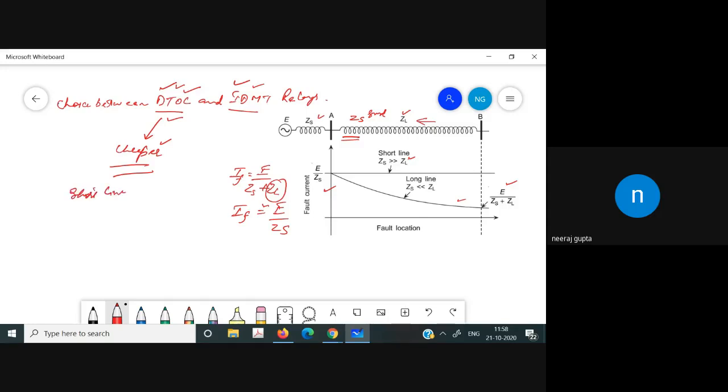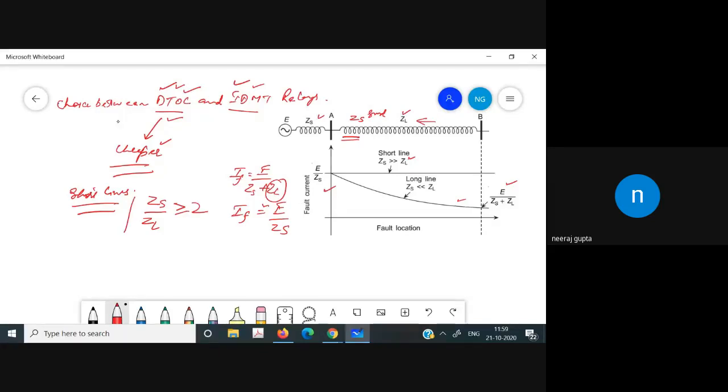These are preferred for short lines because of economic considerations. And in practice, DTOC relays are recommended if the ratio of ZS divided by ZL is greater than or equal to 2.